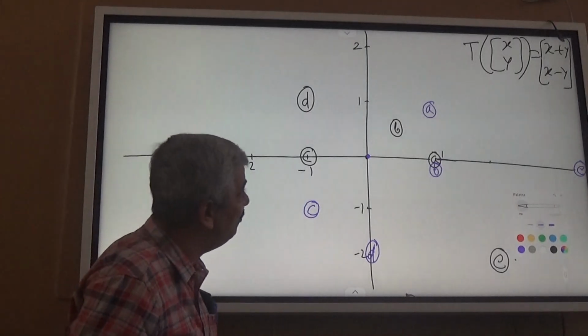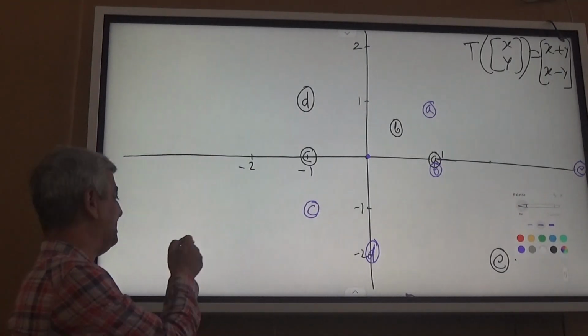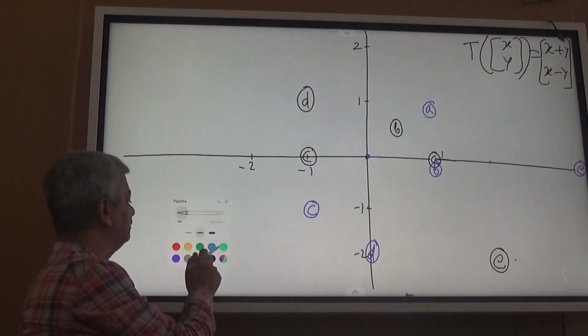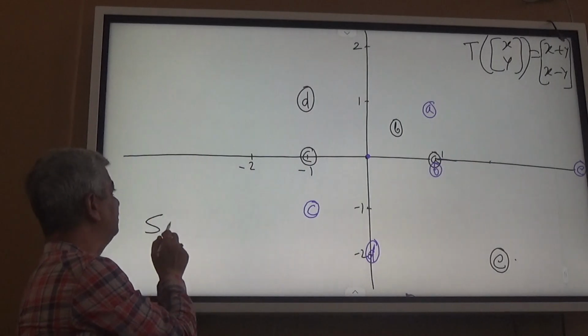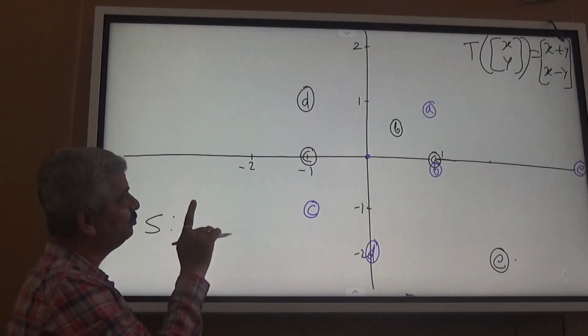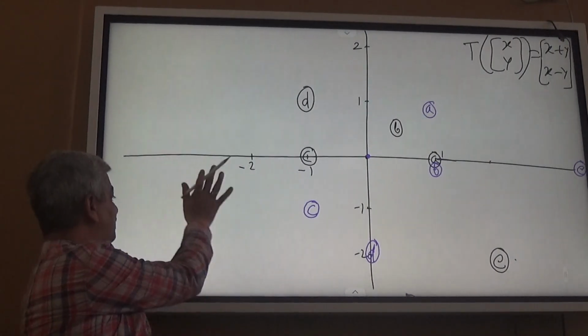a transformation. Now, task before you is to find other transformation S such that you should find transformation S. T mean what we are having?